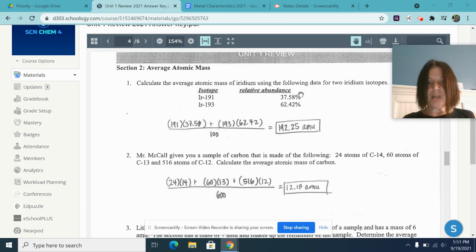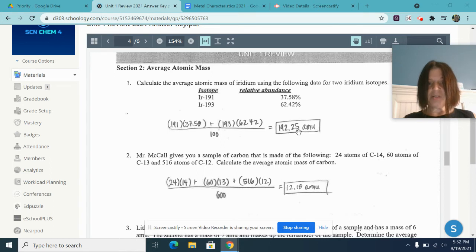So there's 100%, so I'm going to divide it by 100. And when I do this calculation, I end up getting 192.25, and then AMU stands for atomic mass units.